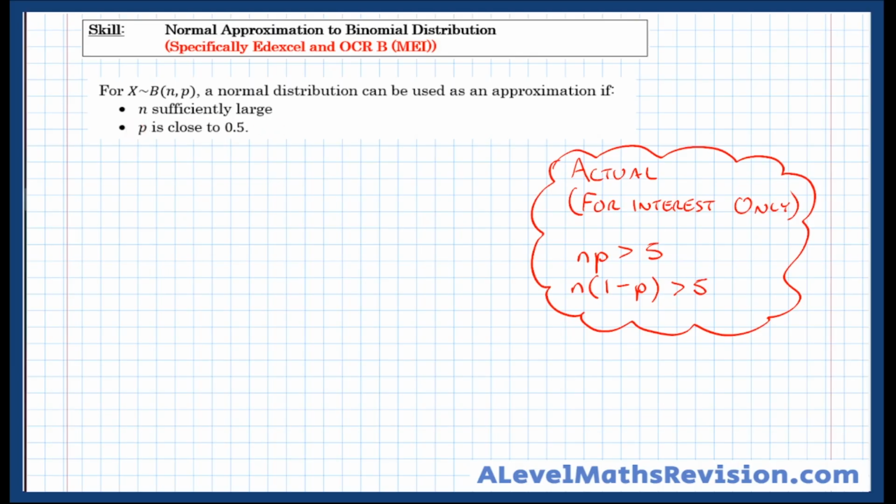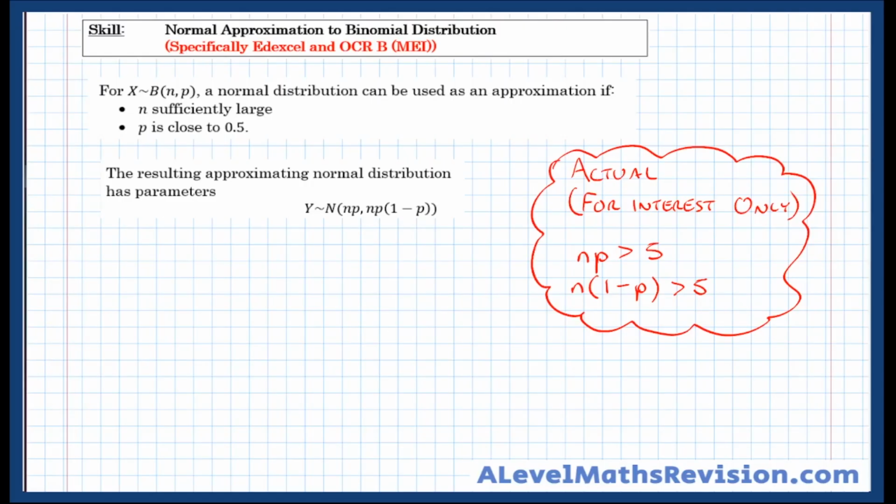N sufficiently large, p is close to 0.5. So let's assume that these conditions are met. Then the approximating distribution that we use, the normal distribution, has these parameters. A new variable Y, which is our approximate normal distribution, has mean np, which you'll see from your formula sheet is the mean of a binomial distribution, and variance np(1 minus p), which you'll see from your formula sheet is the variance of a binomial distribution.